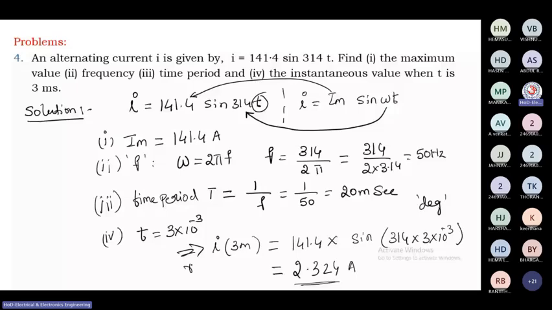So whenever you are going to use this fourth point, the instantaneous value when t is 3 milliseconds, you have to change your calculator mode into radians because this omega is in radians. So you cannot use your calculator in degrees. You will get the wrong answer. Okay. So change the calculator mode into radians, and you have to find the value of current.